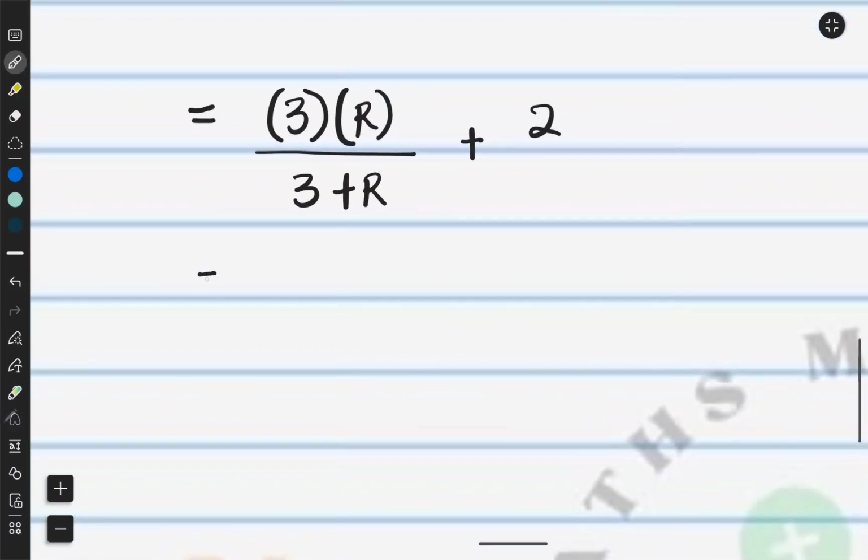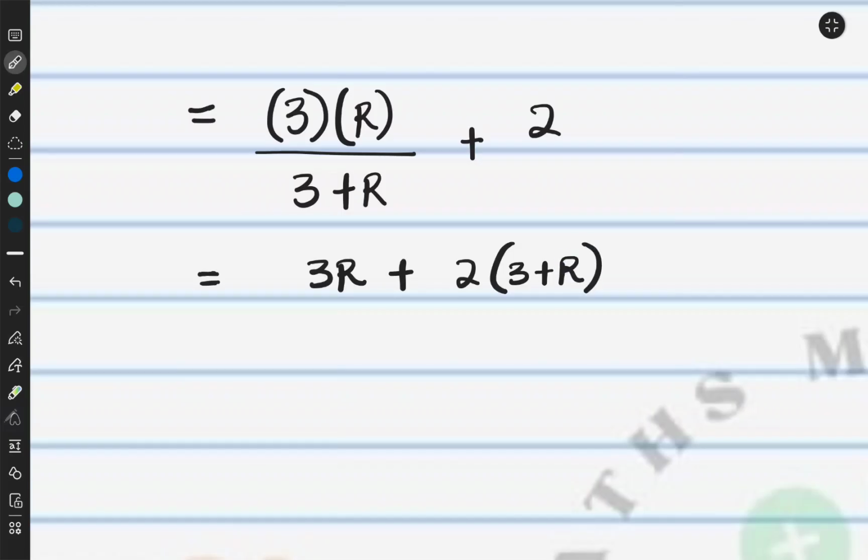So if you add here and you use your maths, you will notice that you should have 3R plus 2 times 3 plus R. I will stretch it a bit, but I could have just easily written the final expression, but it's fine. And then this is 3 plus R, common denominator, remember?